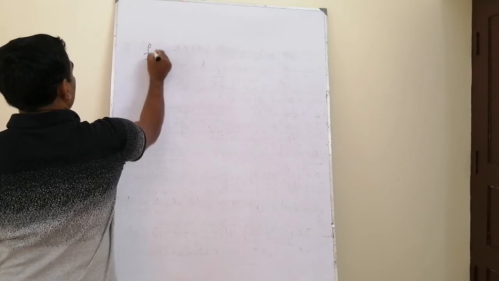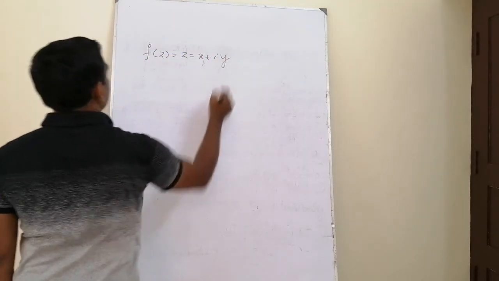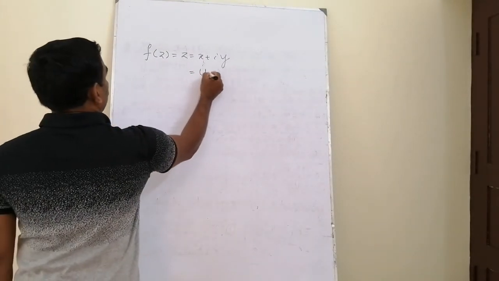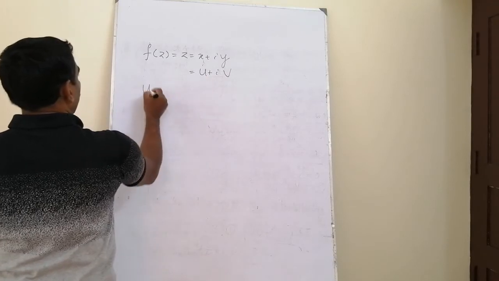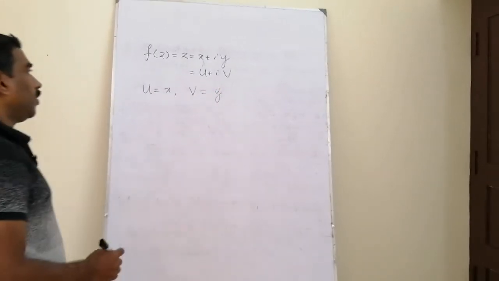As an example, we know f(z) equal to z, or x plus iy, is an analytic function. What are the real and imaginary parts? In the form u plus iv, the real part is u equal to x and the imaginary part is v equal to y.